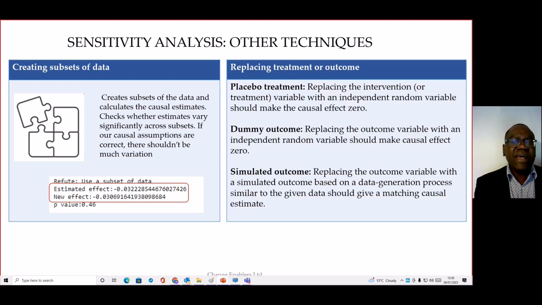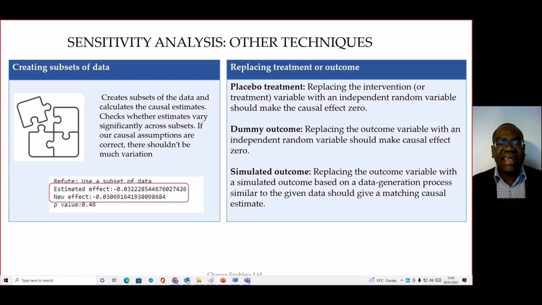When we do that, we expect the estimated causal effect to go to 0, or replacing the outcome variable with an independent random variable. Again, when that happens, we expect the estimated effect to go to 0.